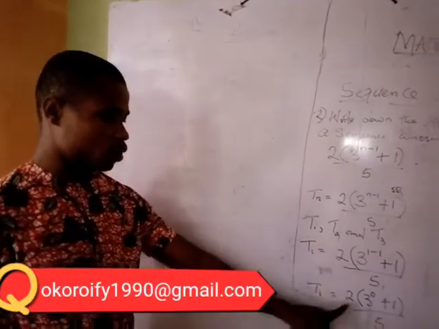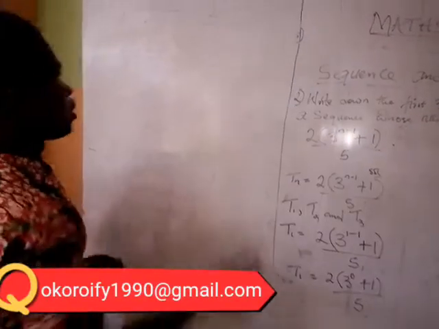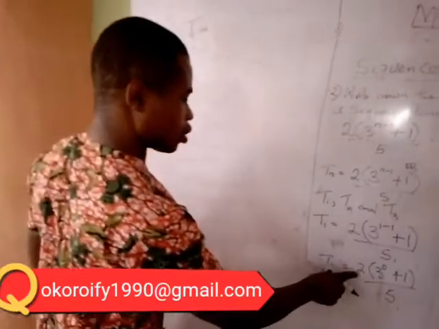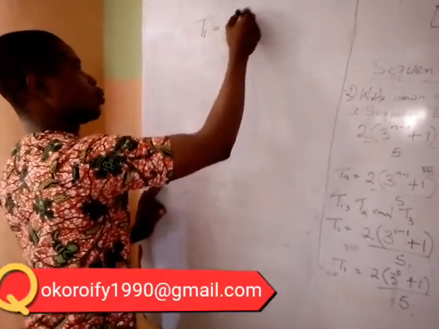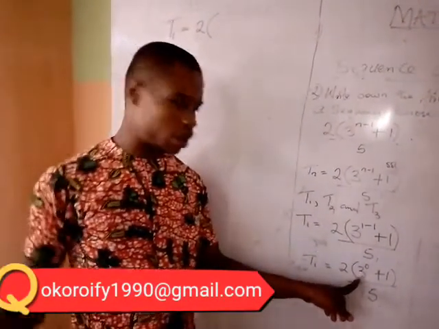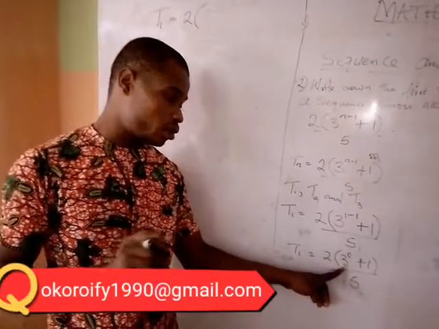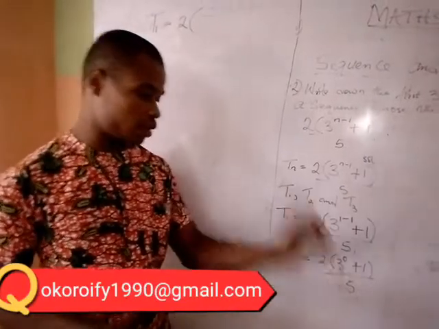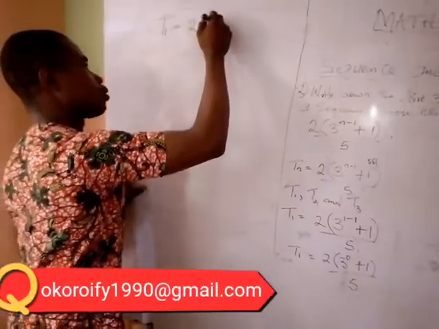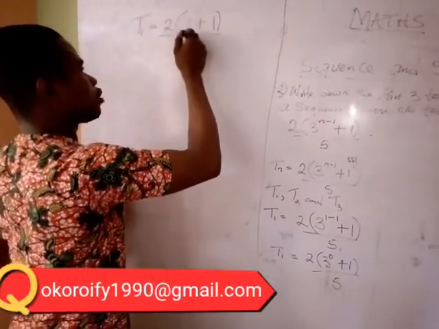From here, T1 equal to 2 in bracket 3 raised to power 0 plus 1 divided by 5. Just bring down your T1 equal to your 2. You bring it down, open your bracket. 3 raised to power 0 will now take us back to the laws of indices. According to the zero law in indices, anything raised to power 0 is equal to 1. So we obey the law of indices there. That's the zero law. 3 raised to power 0 here will be 1 plus 1. You close your bracket all over 5.